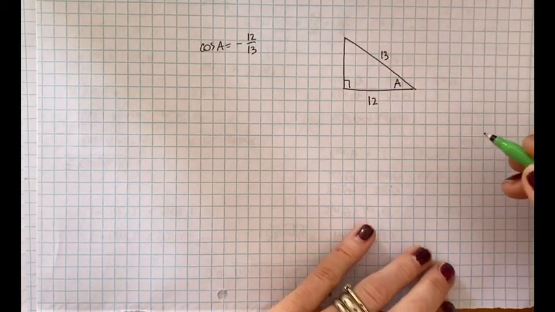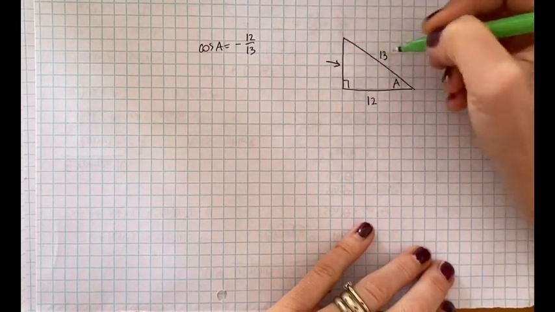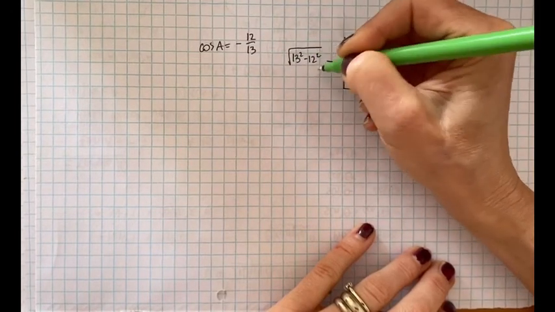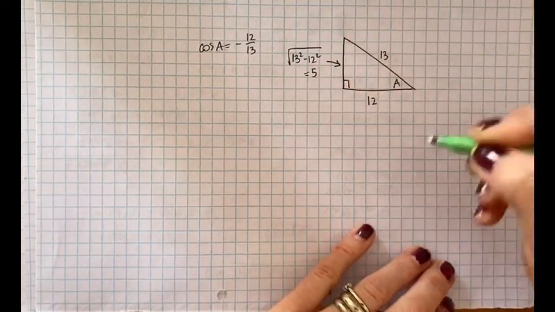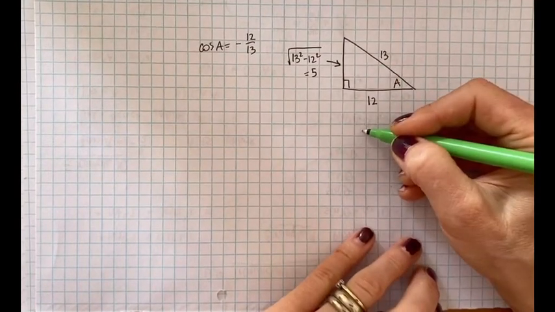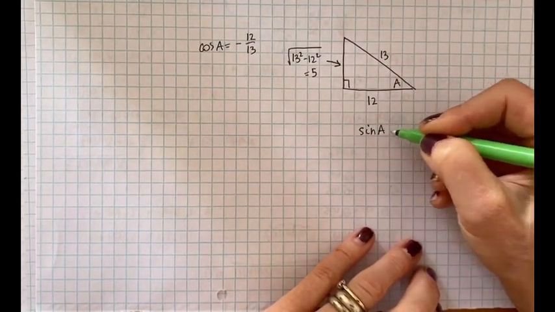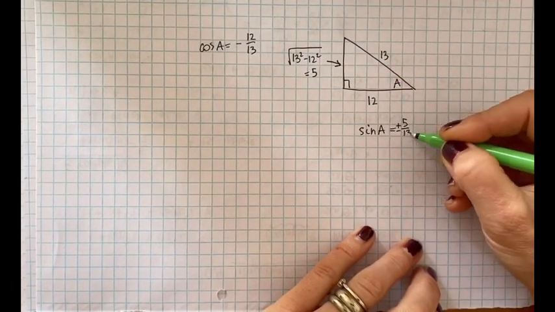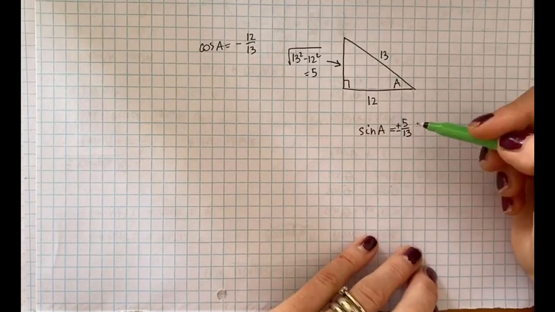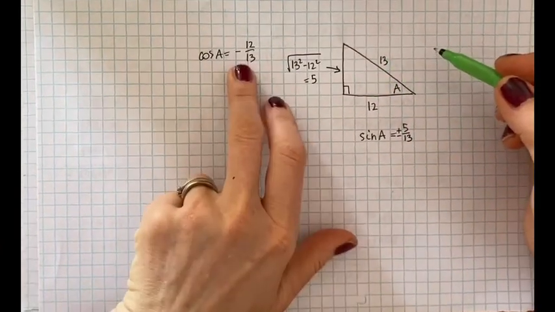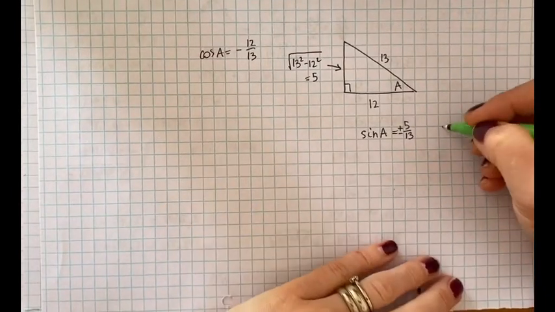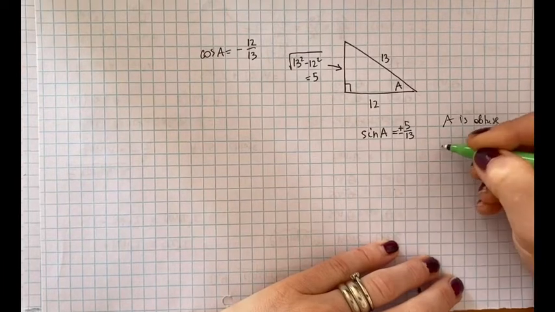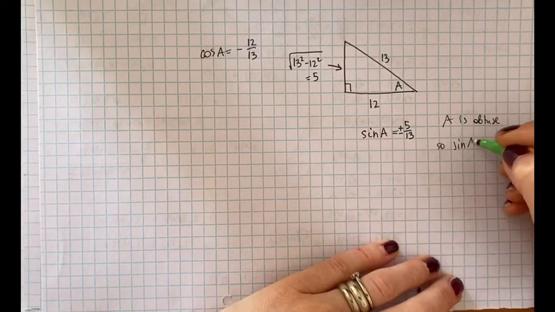To find the opposite, you're going to do 13 squared minus 12 squared, square rooted, and that will give you 5. Now you are able to find your sine A, 5 over 13, plus or minus. You are not sure yet whether it's going to be plus or minus because you need to consider that A is obtuse, meaning between 90 and 180, so sine must be positive.